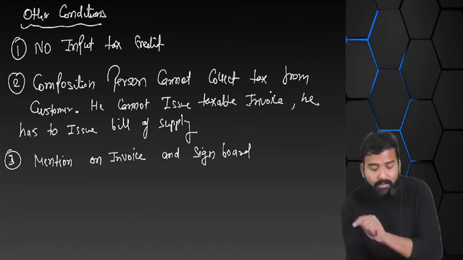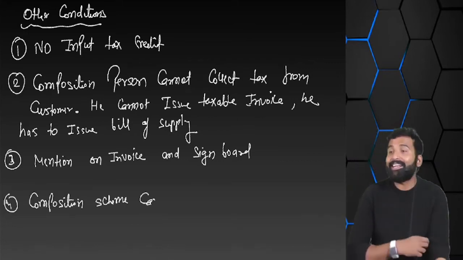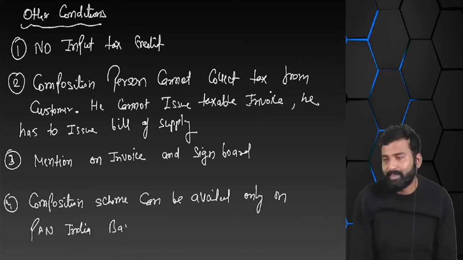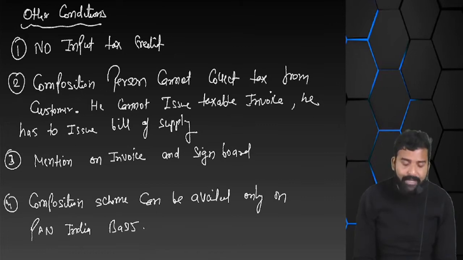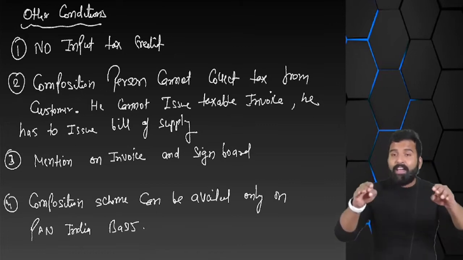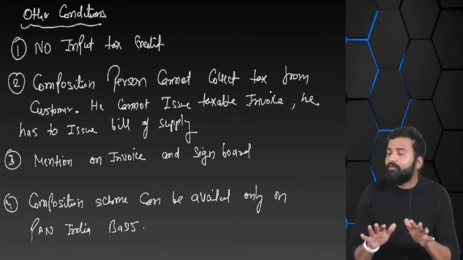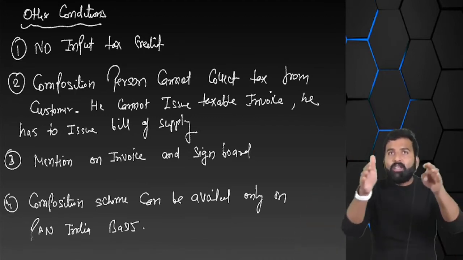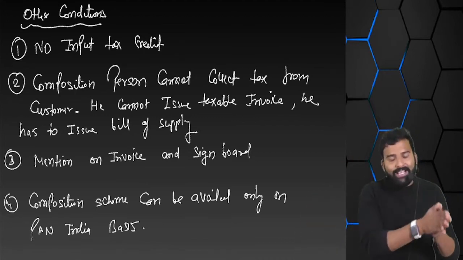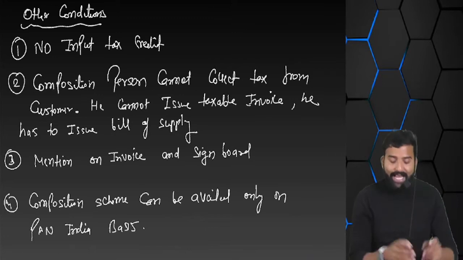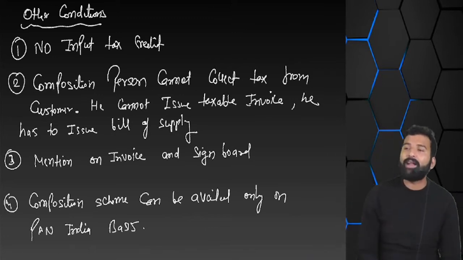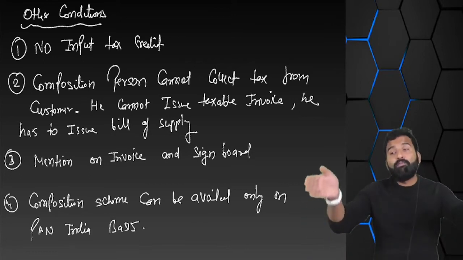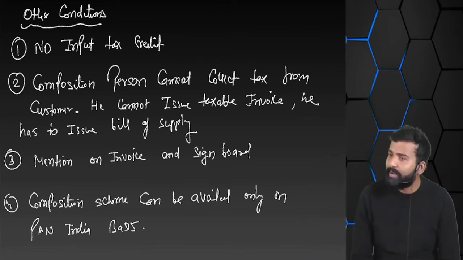Now we have the fourth condition for the composition scheme, and it is also very interesting. Composition scheme can be availed only on pan-India basis. It means if I am having two branches, first of all, turnover of both the branches should be clubbed for assessing the eligibility. Like if I am having a branch in Indore, Madhya Pradesh, and another branch in Maharashtra, the turnover of both the branches should not exceed the 1.5 crore limit.